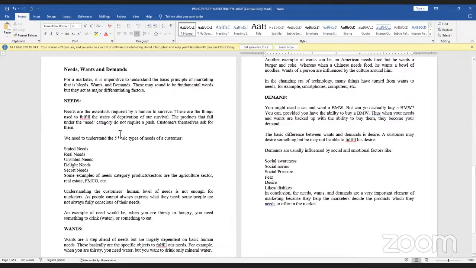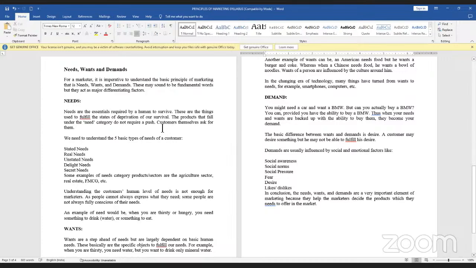The products which fall under needs, you need not give any push, because that is the need. For a basic need like food, everyone tries to spend and afford it, to acquire it in order to fulfill that state of deprivation, for their livelihood, for their survival. So the products that fall under the need category do not require any push because customers themselves ask for such products.